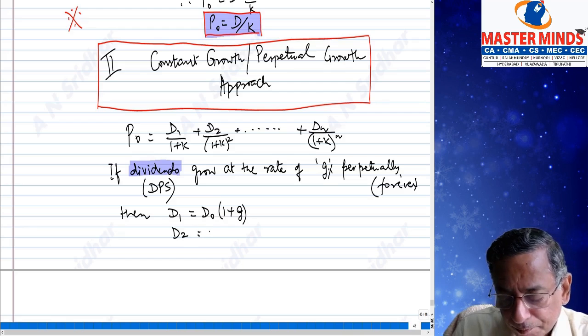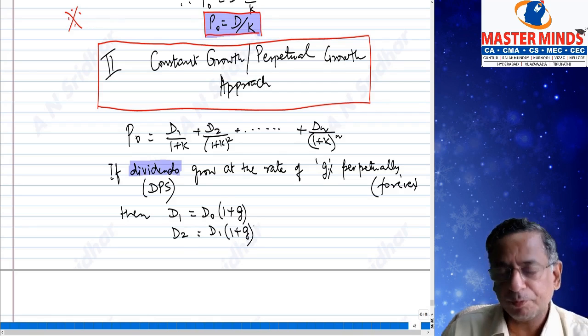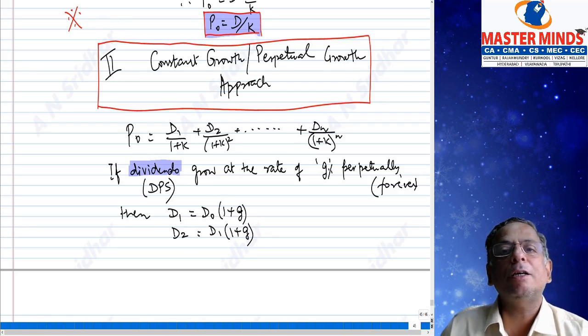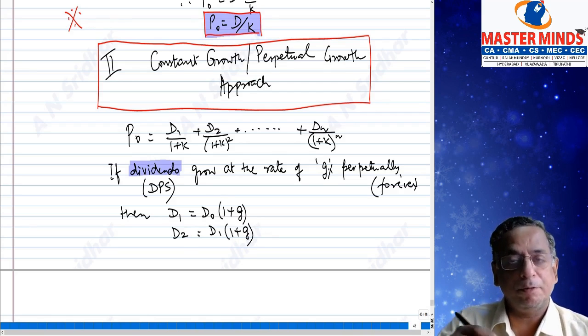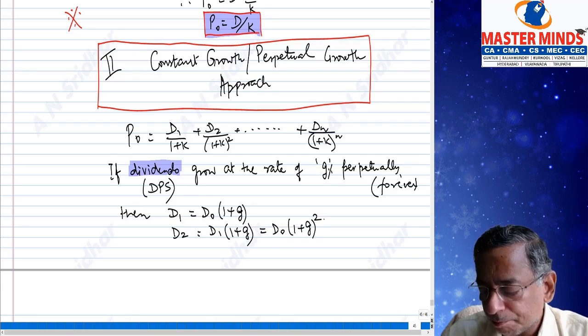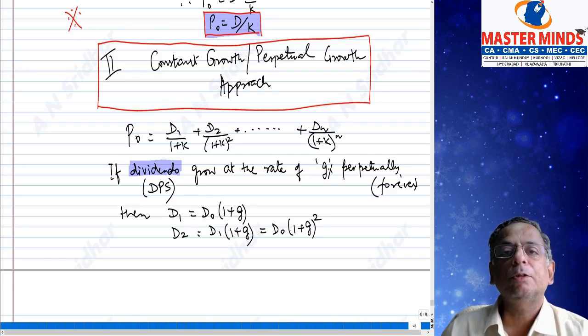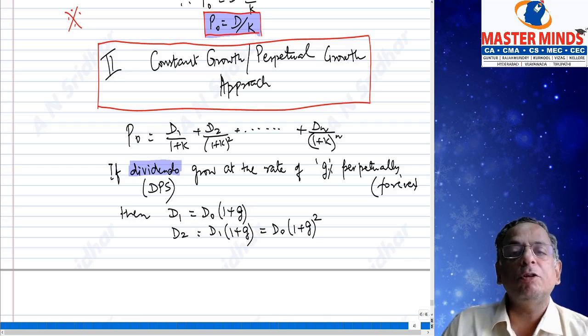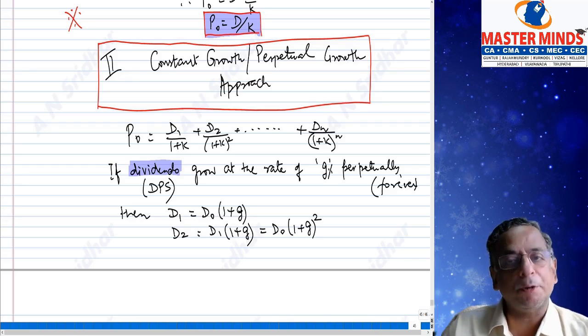D2 will be D1 into 1 plus G. D2 will grow by G% over D1. So we can write D0 into 1 plus G the whole square. So in comparison to D0, D2 will be 1 plus G square.